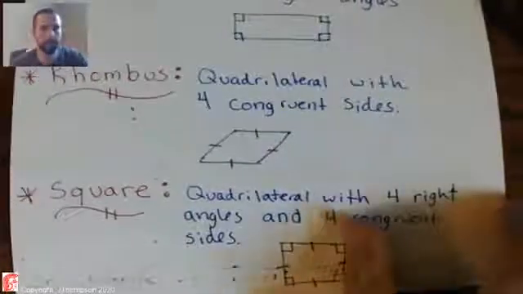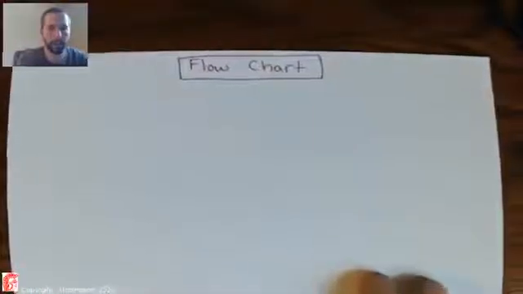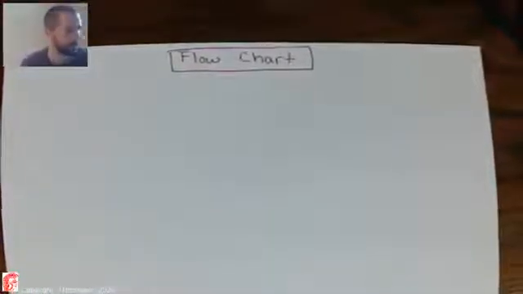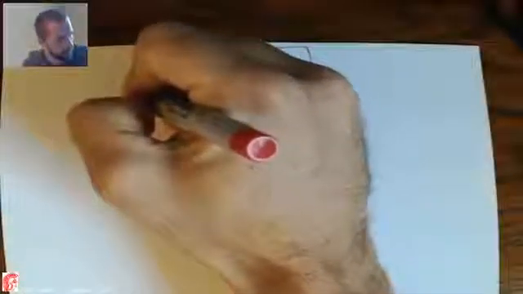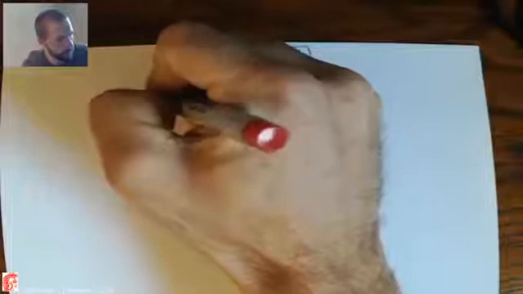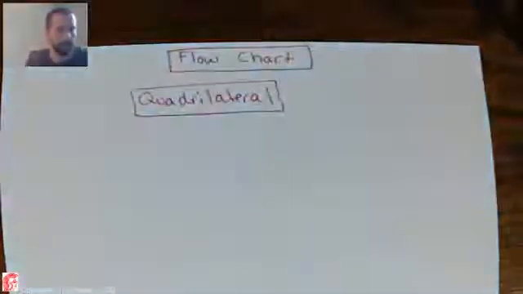All right, so the next thing that I'm going to do is a little flow chart. A flow chart you've probably seen before. So I'm going to start off our flow chart with the word quadrilateral. Okay, so what do we know about a quadrilateral? A quadrilateral has four sides.